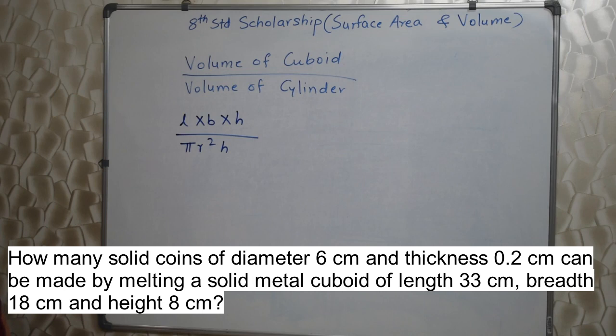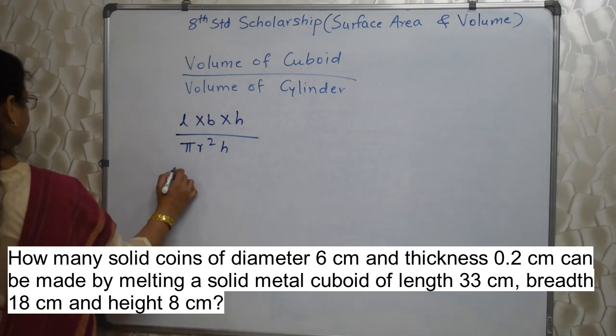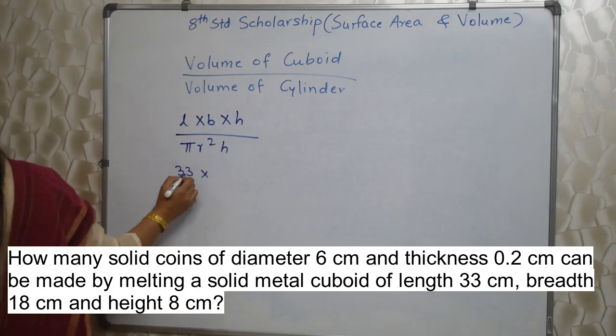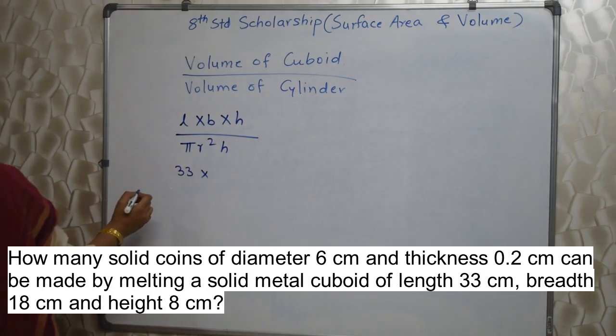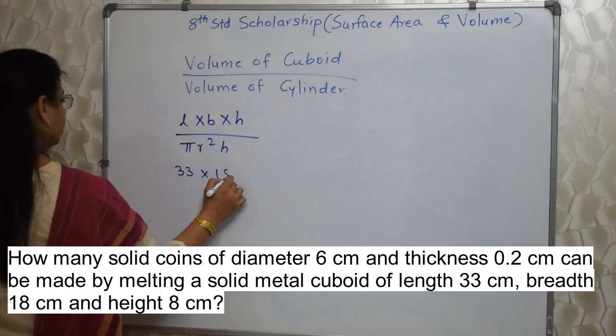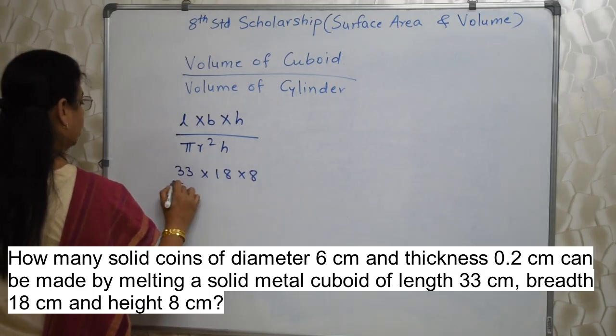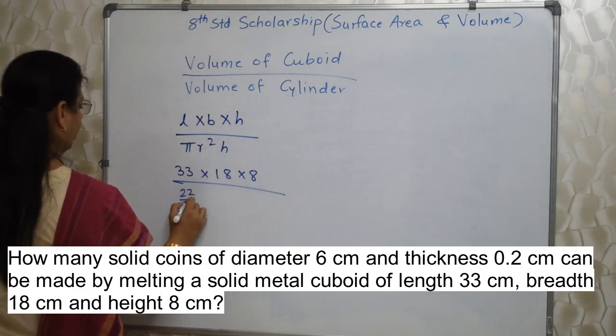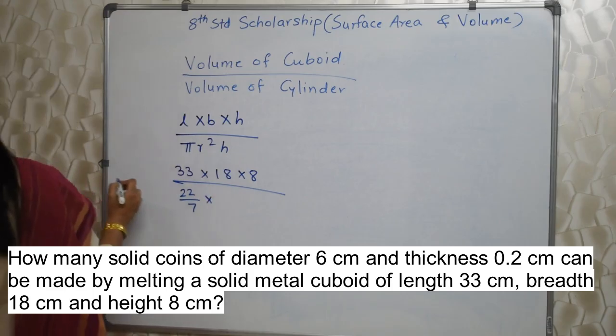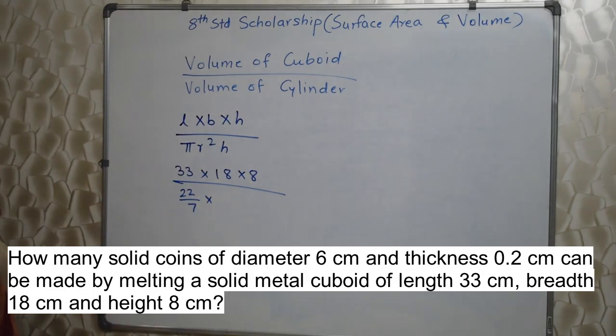So let's substitute the figures in that. Length is 33, breadth is 18, height is 8, upon pi is 22 upon 7, r is how much? They have given the diameter of that coin as 6 centimeter.